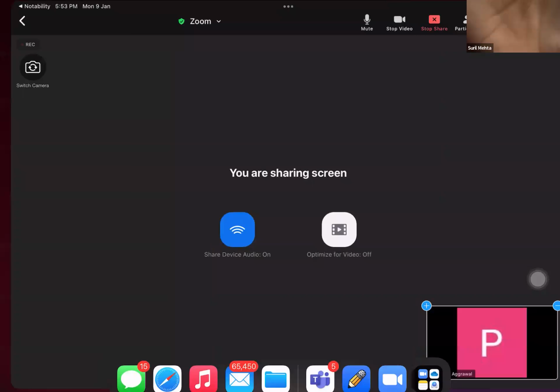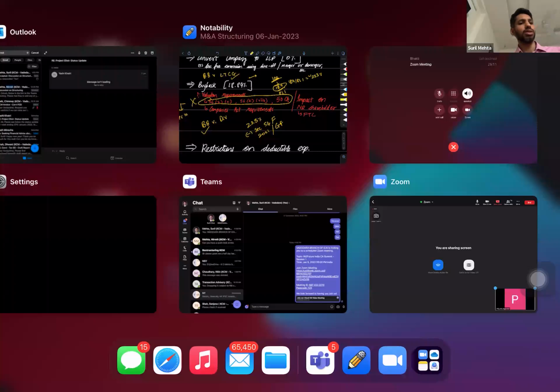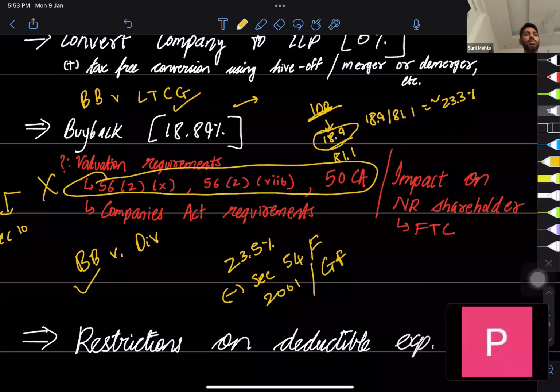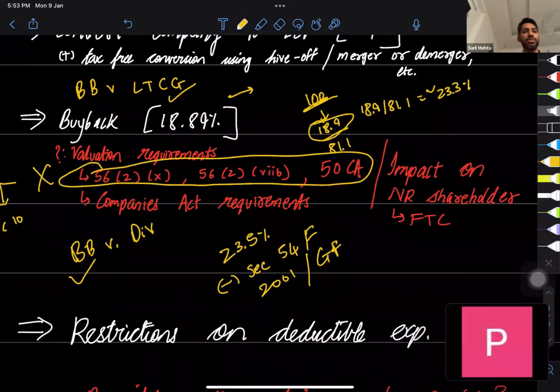Okay, I'll move on to the next bit. So this is a case of restriction on deductible expenditure. In case of dividend, let's say the company does end up paying dividend. As we just discussed, the tax is paid by the shareholder and not the company. Right?